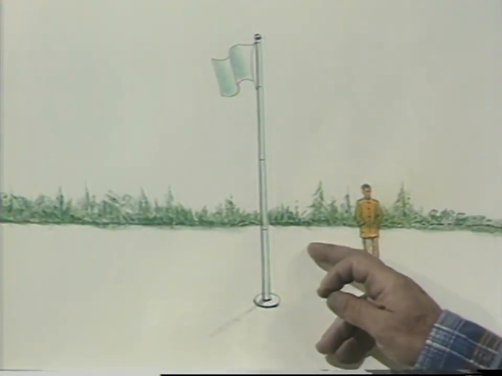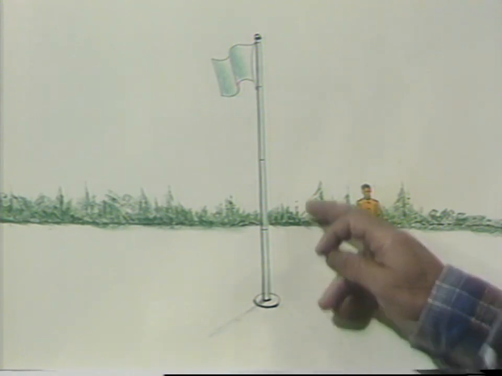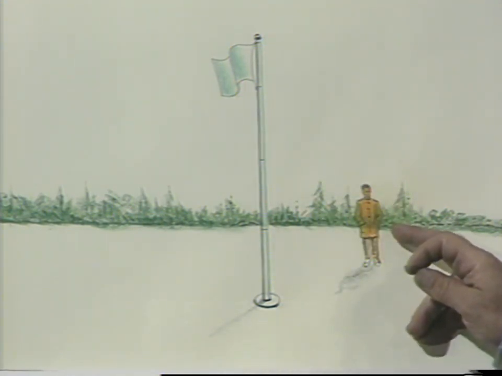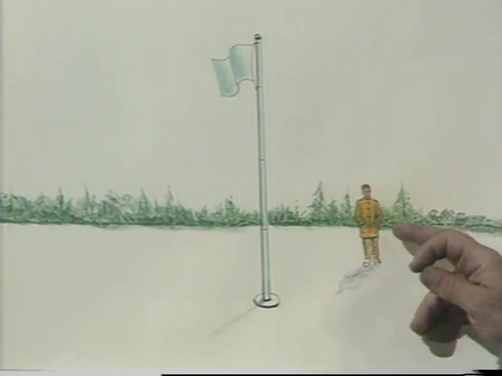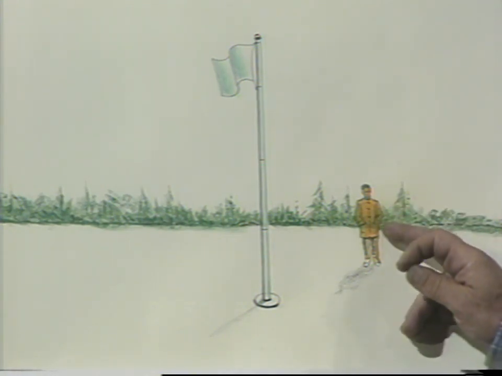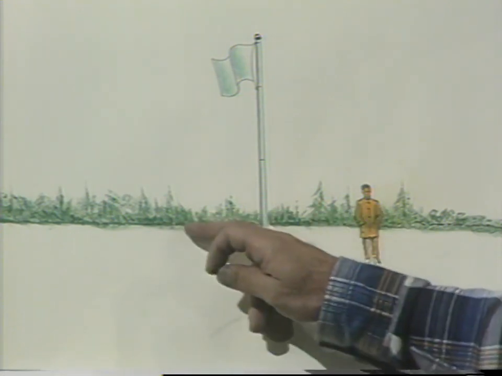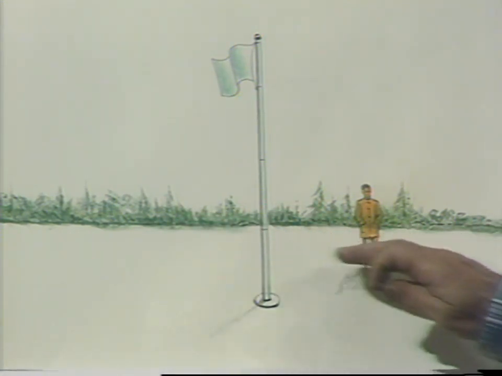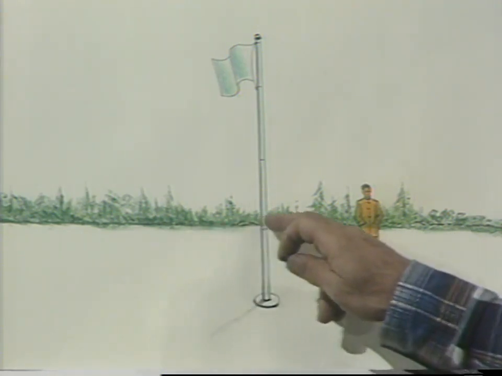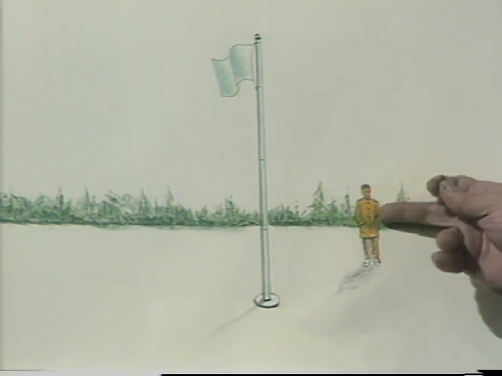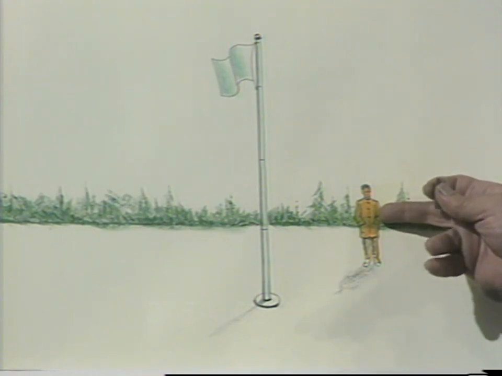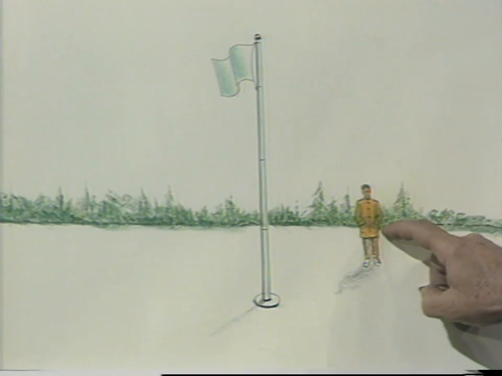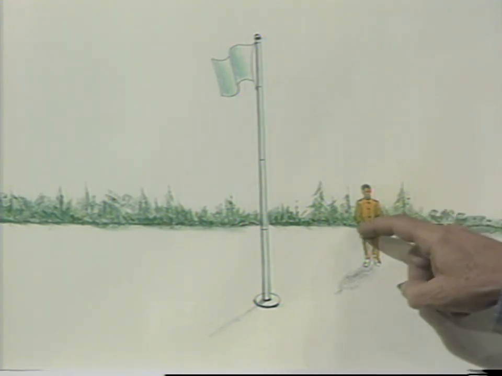Here's a way of determining the height or the size of an object within a picture if we have an object of known height. If we have a figure here, an object of known height, standing on a level plane, and we have an eye-level horizon line. Now, if we know this figure is, say, 6 foot tall, we look at where the eye level or the horizon crosses that figure.